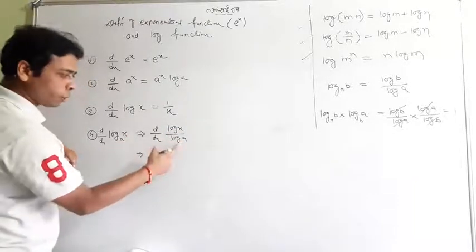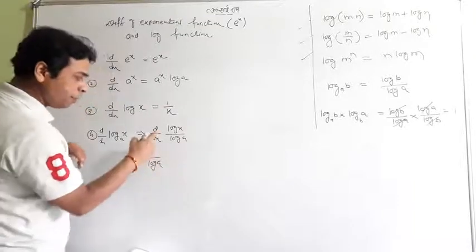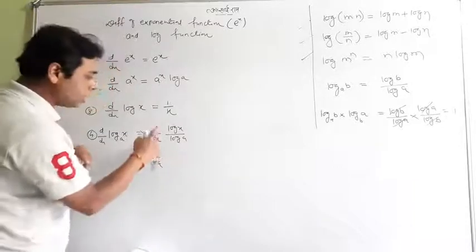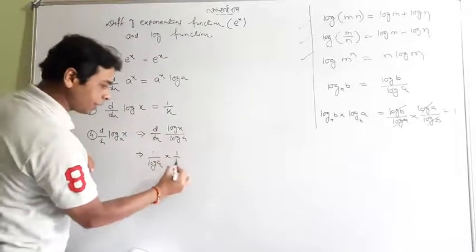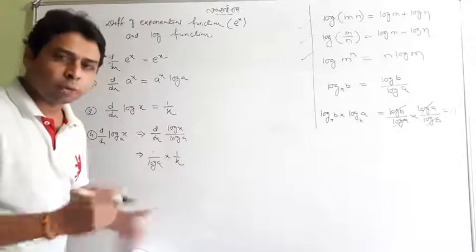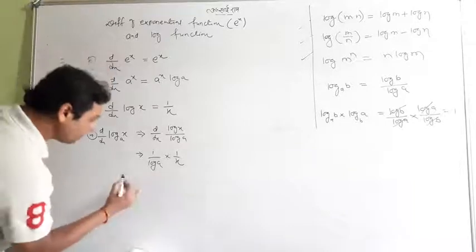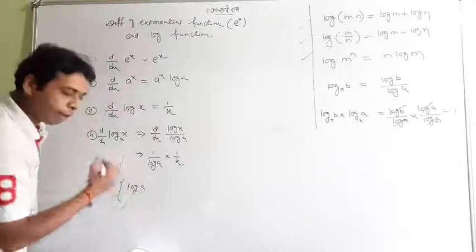One should know that log a is a constant value, so log a will come out as it is, and d by dx of log x remains. d by dx of log x is 1 by x, so write here 1 by x. You can say that it is a formula, but it is not looking good, so I want to make a little change here. Would you think that this is 1 by log a? I ask you one question: this is log a.